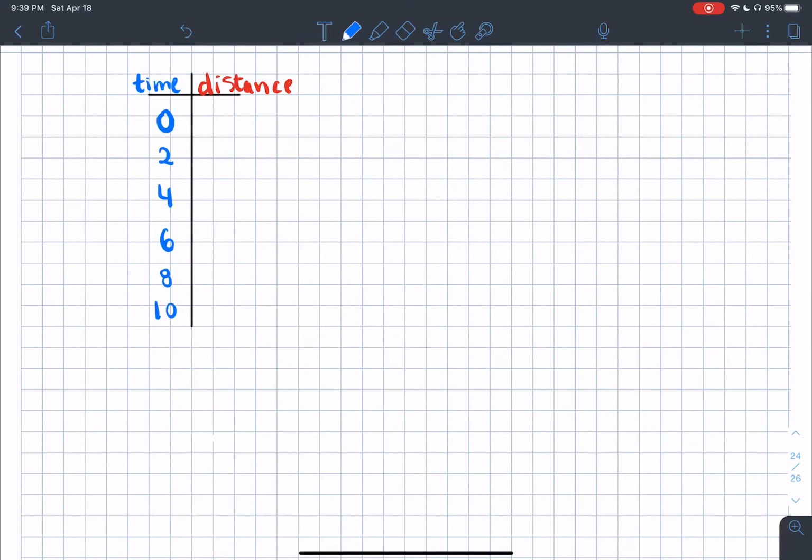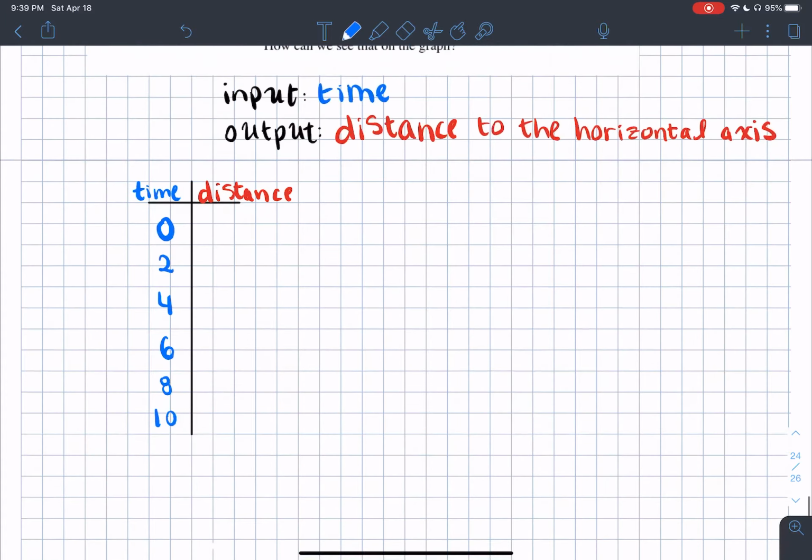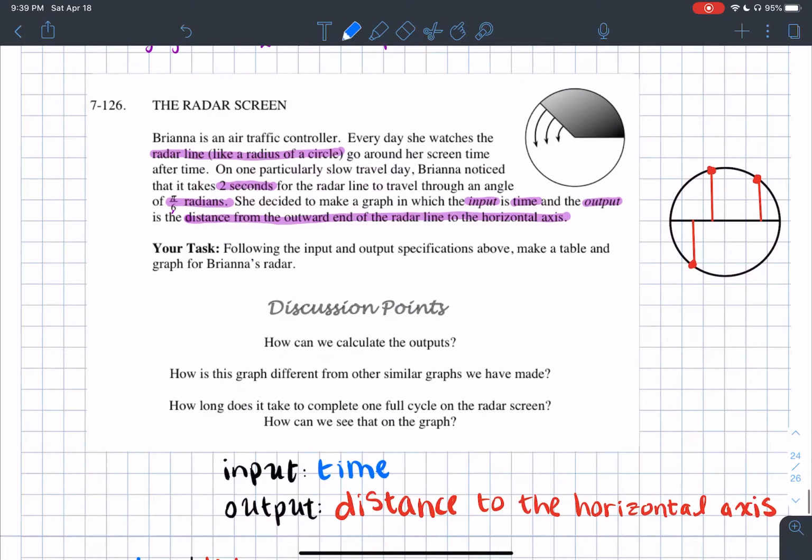Let's start with these points. But if we know the time, how could we find the distance? We know that it moves pi over 6 radians, so how could you find this distance to the horizontal axis? Go ahead and think about how you could find this and look back in your notes, looking at the Ferris wheel problem for how you would be able to find the height when you're thinking about an angle.